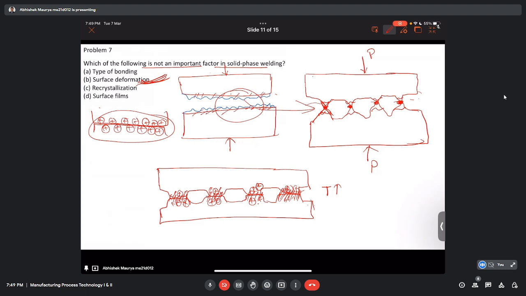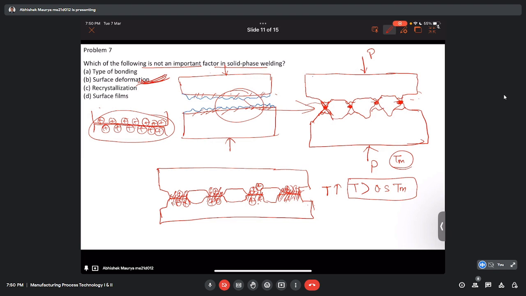Normally, if Tm is the melting point of the material, then diffusion takes place effectively above 0.5 Tm. If the temperature is higher than 0.5 Tm, diffusion happens at a very high rate so that we can reduce the joining time.